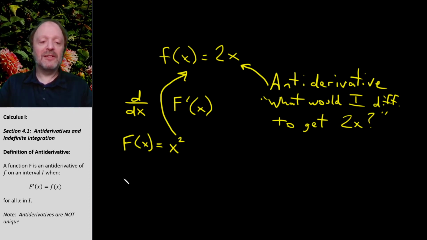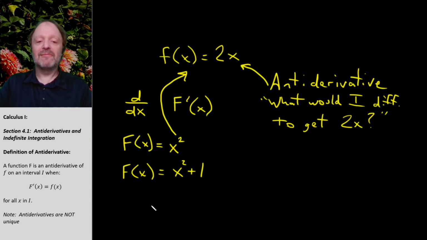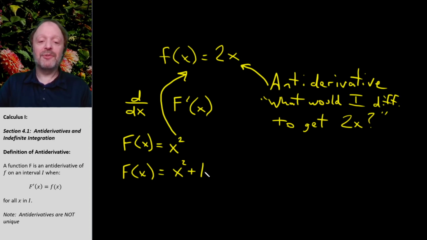What about x squared plus 1? If I differentiate this, do I get 2x? Well, the derivative of x squared is 2x. The derivative of 1 is 0. So, yeah, I would get 2x again.